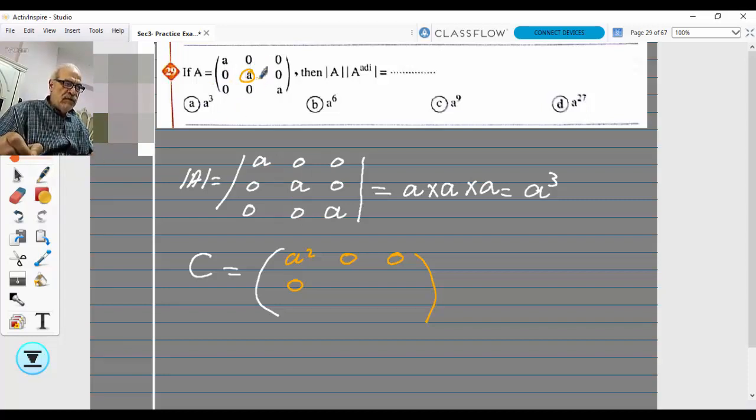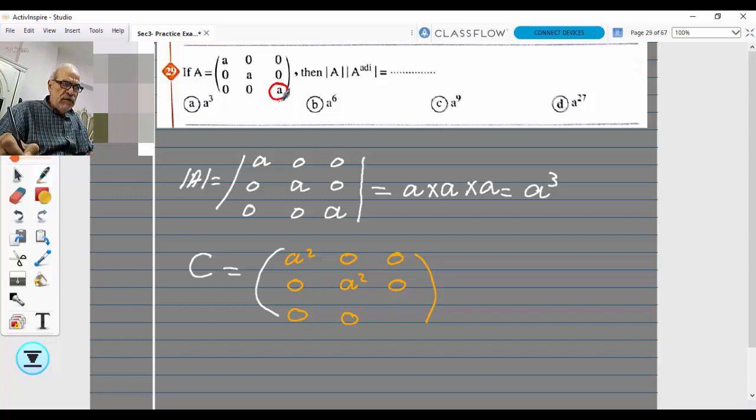Here is A, and the determinant of cofactors will consist of these 4 elements here. So it will be A multiply A minus 0 multiply 0. A multiply A equals A square. The cofactors for this equal 0, 0, 0. The third one, what is the cofactor of A here?